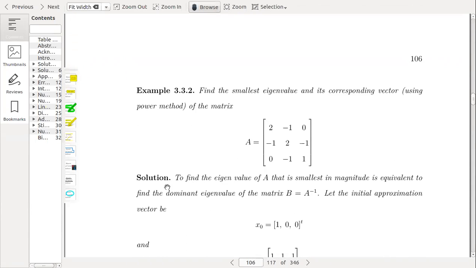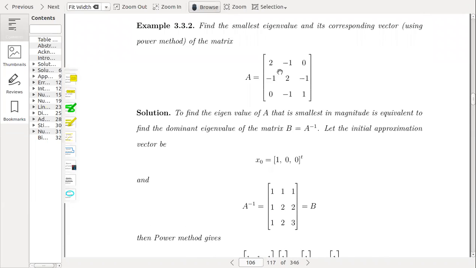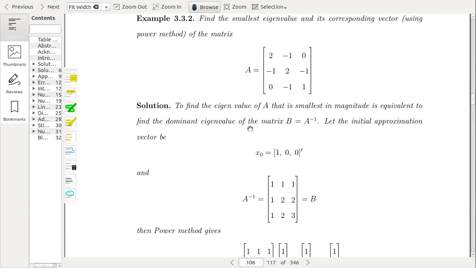Here is an example. Find the smallest eigenvalue and its corresponding vector using the power method for the matrix. The matrix is 2, -1, 0, -1, 2, -1, 0, -1, and 1.